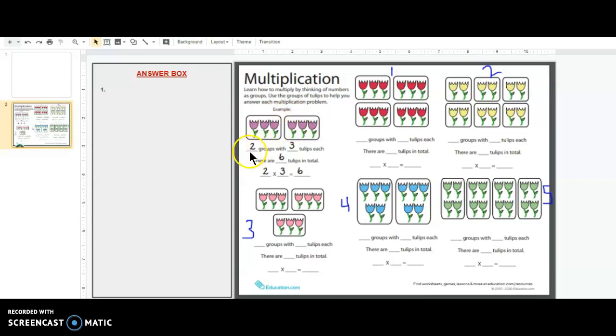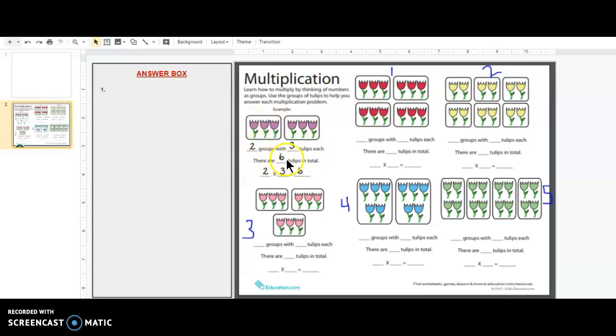So in our answers, what I want you to do is answer in sentence form. So in this case, we would say 2 groups with 3 tulips each. Okay? Then the second sentence is going to say there are 6 tulips in total, because if we count them, total means all together. So 1, 2, 3, 4, 5, 6.